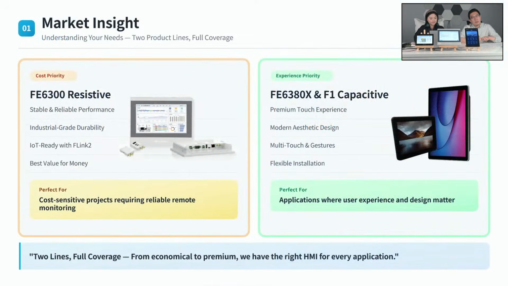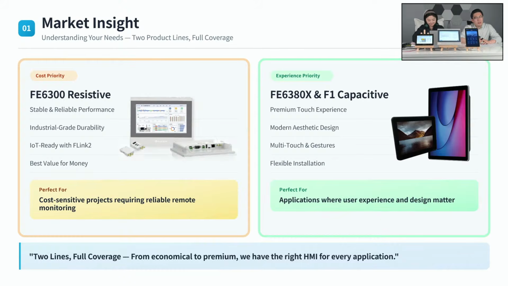First, let's make some market insights. We think that there are actually two main product categories in the market. The first one, maybe they do care about the cost.